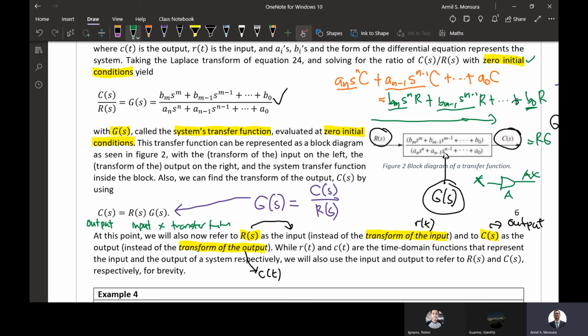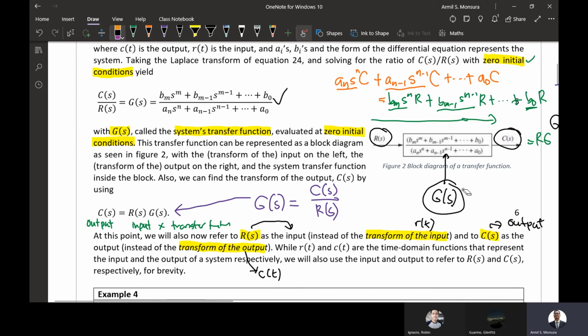Ibig sabihin, hindi constant yung characteristics niya. Hindi katulad dito. Constant yung characteristic niya. Yung gain niya, laging A lang. Okay? Pero ito, hindi. Iba yung characteristics niya, nakadepende sa mga coefficients niya. Okay?